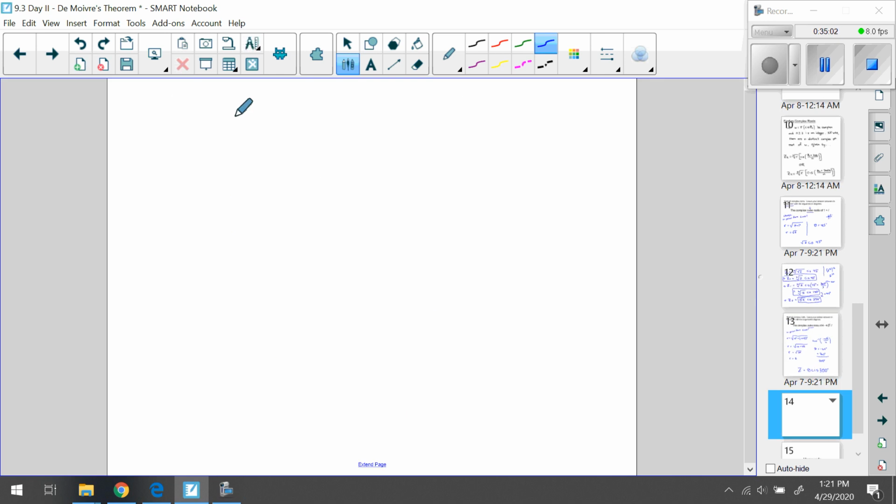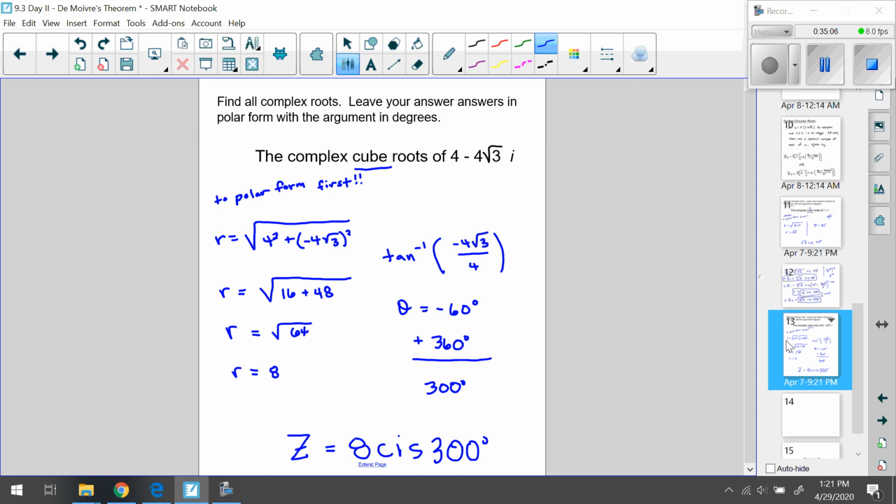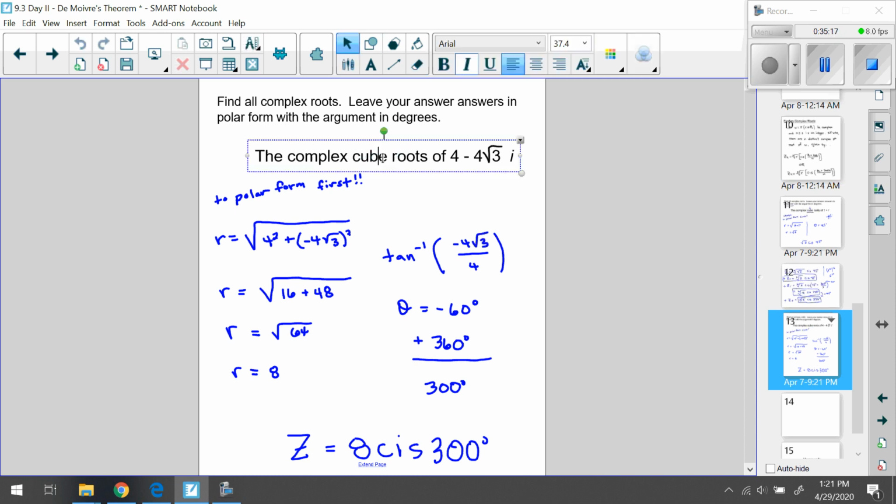And so we're finding the cube root. Actually, I think I'm going to change that. Why don't we change this to fourth root, just to be different. I guess we already did a third root one. So here, let me change that for us. So let's find the complex fourth roots.